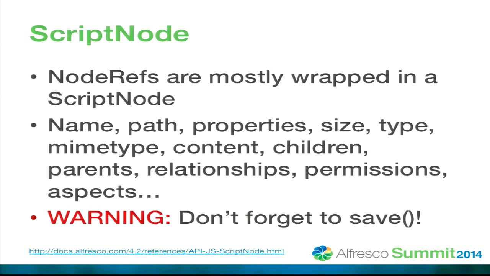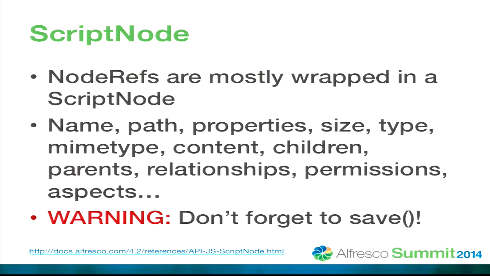And most of the Java APIs, the services, you give a node ref and say you want to do something, check in, check out, get content, and so forth. With the scripting APIs, typically instead of getting just a node ref, you'll get this thing called a script node, which is essentially a wrapper around a node ref, but it gives you access to a lot of the base services. So instead of having to use the node service or the permission service or the authority service, a lot of the common things that you would do are just available.